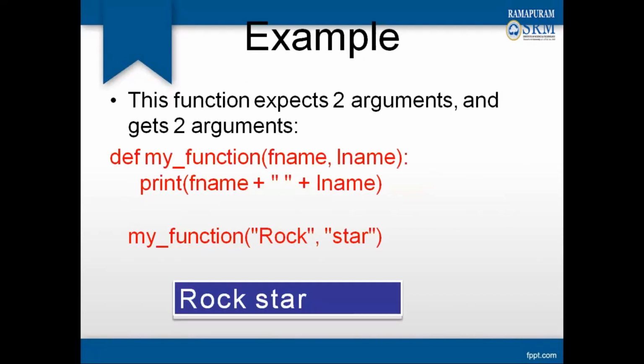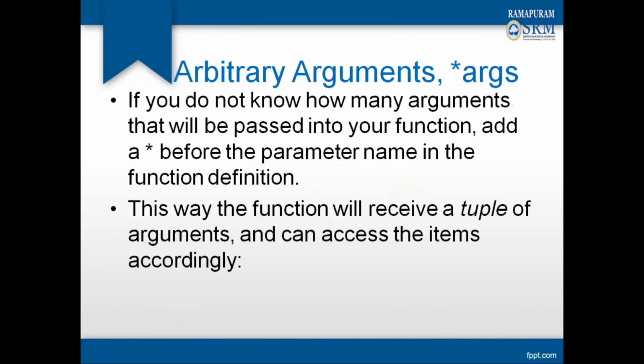That is called an arbitrary argument. Here we passed 2 arguments, as I shared with a comma b. When we need an arbitrary argument, we don't know how many arguments we have to pass or how many parameters there are.